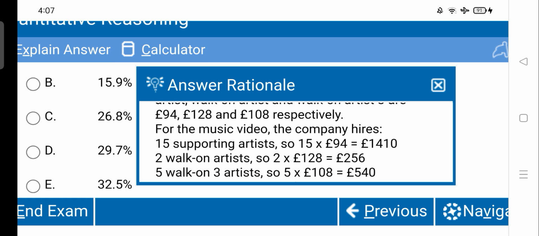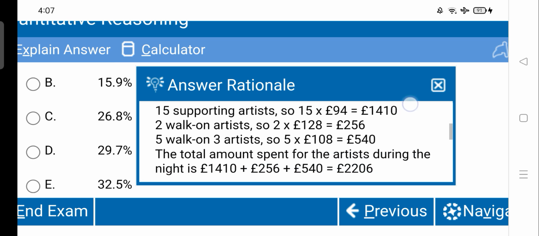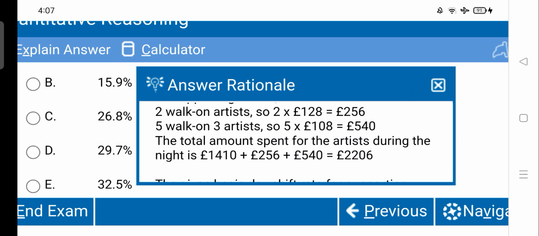So 15 into 94 pounds equals 1410 pounds. 2 walk-on artists, so 2 into 128 pounds equals 256 pounds. 5 walk-on 3 artists, so 5 into 108 pounds equals 540 pounds.